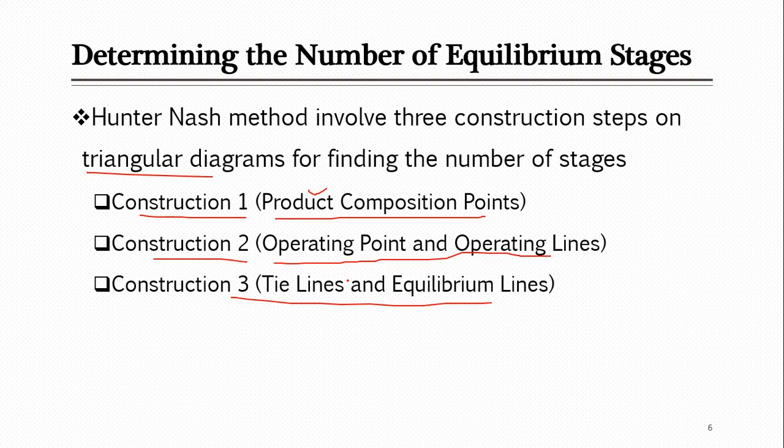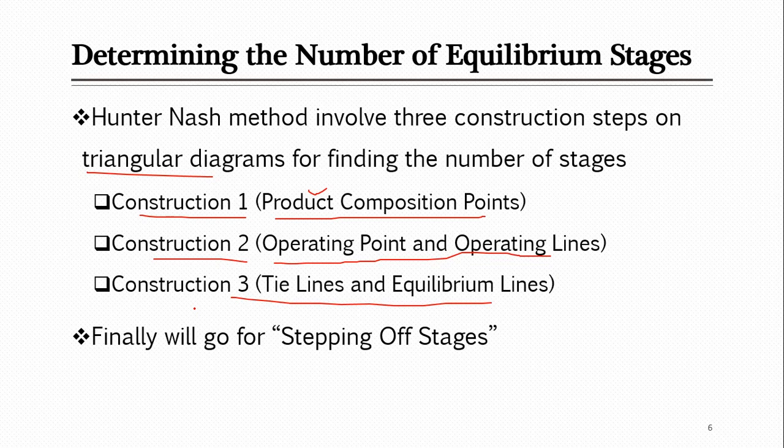As I was discussing in the last lecture, sometimes your mixing point M is located in between the tie lines, so you have to draw a tie line. So you either interpolate, or look for other ways to draw new tie lines between other tie lines. And then there are other equilibrium lines, which we will be using for construction of the number of stages later.